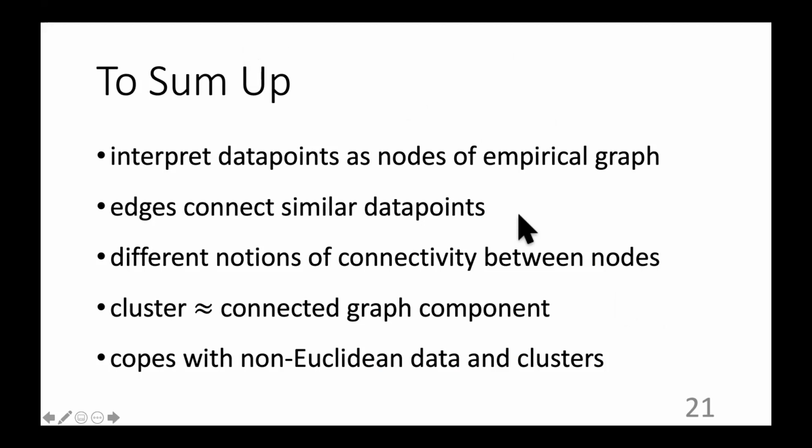Then there are still different options for how to precisely define connectivity. We have seen two different notions leading to either spectral clustering or density-based clustering, DBSCAN. Both methods essentially try to find connected graph components, whereas the precise meaning of connected differs between those two methods. And these connectivity-based methods are ideal clustering methods for non-Euclidean data and cluster structure.